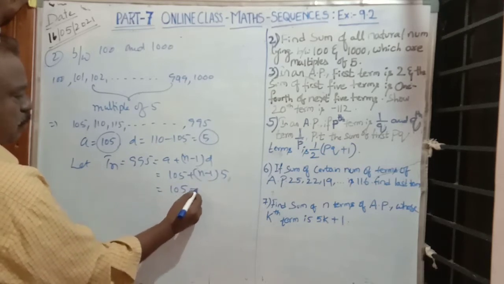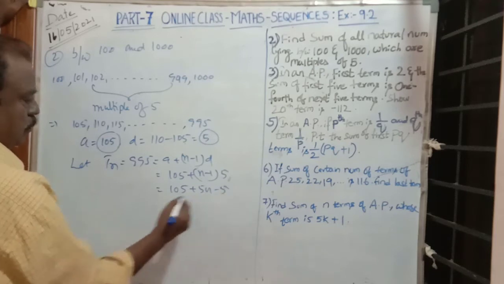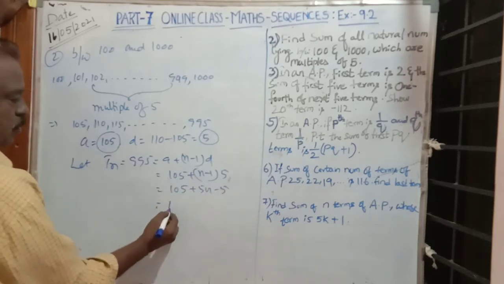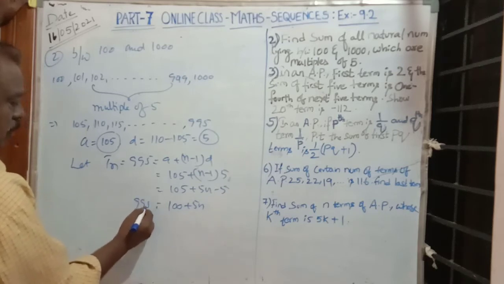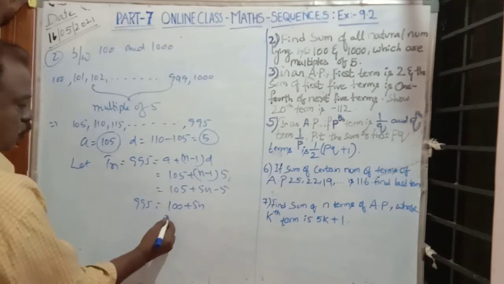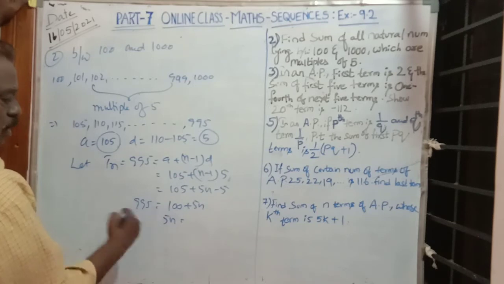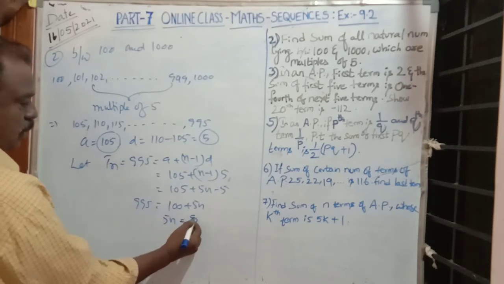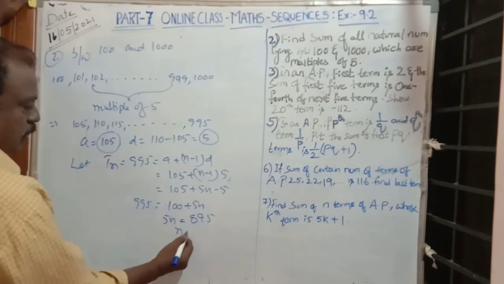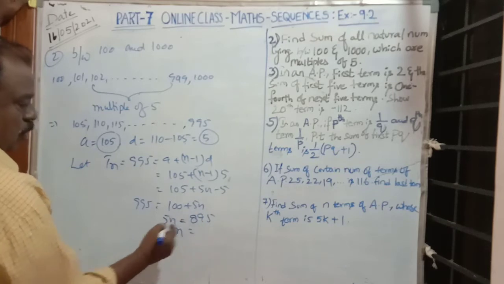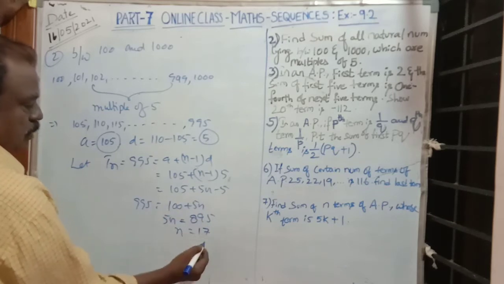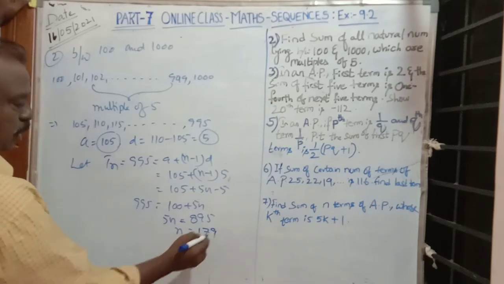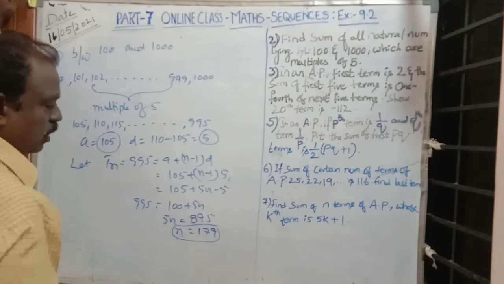That is 105 plus 5n minus 5. 105 minus 5 is 100, so 100 plus 5n is equal to 995. So 5n is equal to 895. Dividing by 5, n is equal to 179.